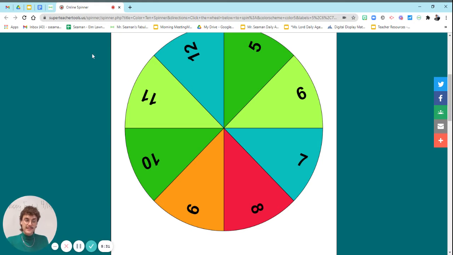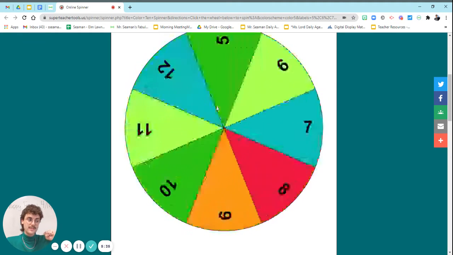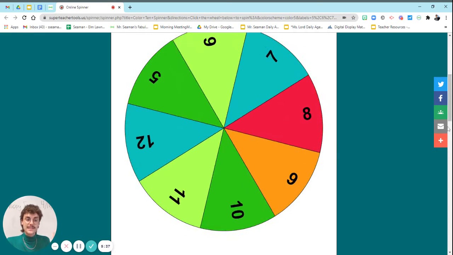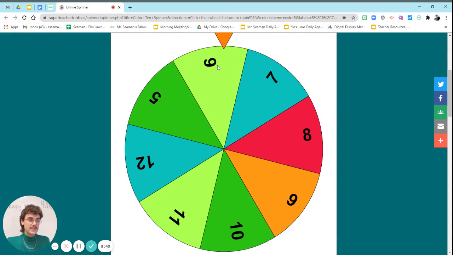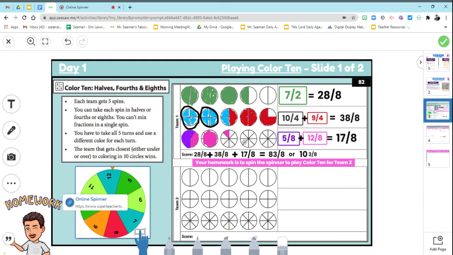Once you spin the spinner, you have 5 turns to do this. So you spin it once, and then you get to decide, okay, I rolled a 6. Do I want to put that 6 as my numerator over 2? Do I want to put it over 4 or do I want to put it over 8?